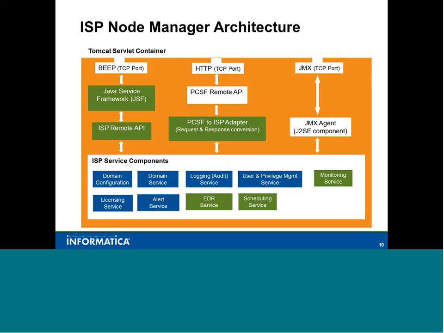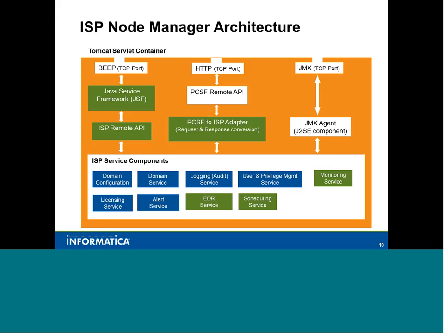Then the architecture of the ISP itself, right? Till now I was explaining what the enhancements within the ISP are and what is different from PowerCenter PCSF 8.x. If you look at the new architecture, this is the node architecture for ISP. Looking at the leftmost, the BIP or TCP protocol, Java Service Framework and ISP API, this is purely used for all the new services.